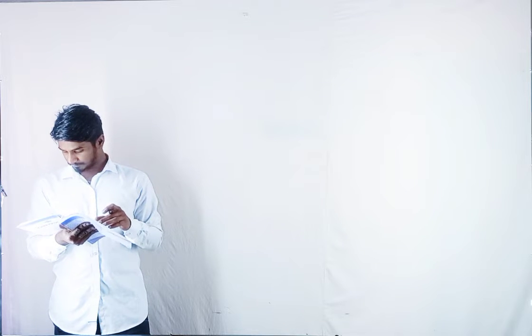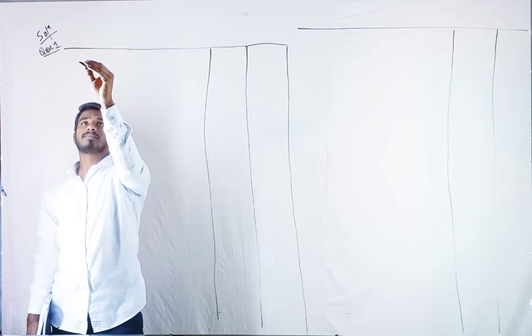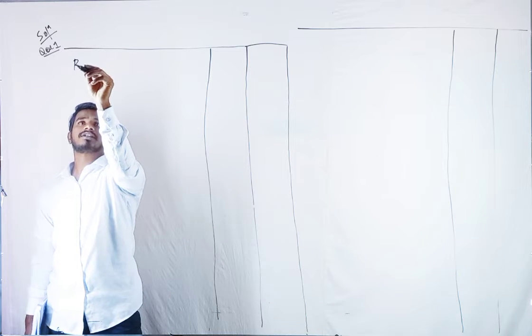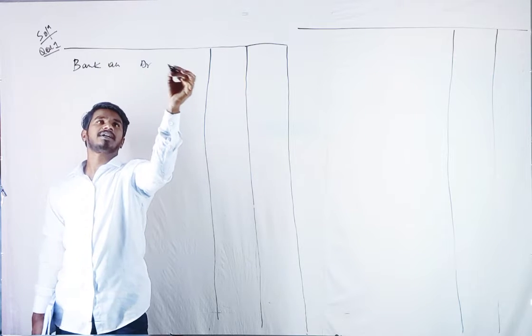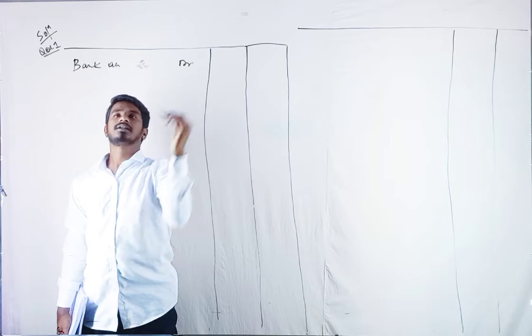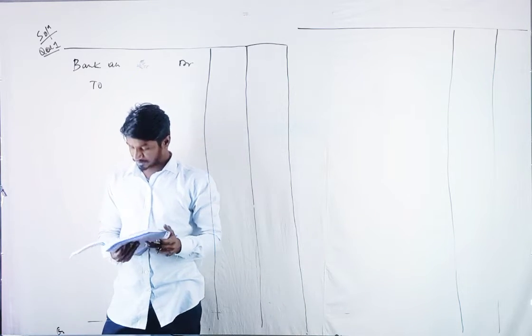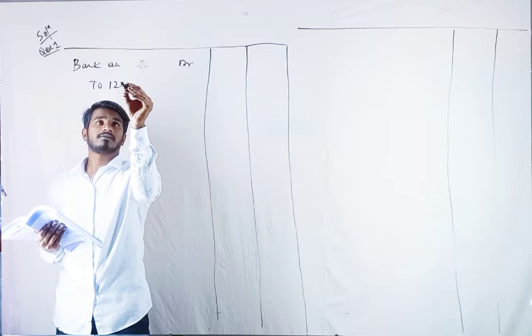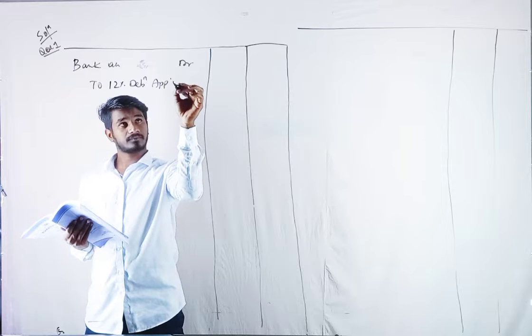Shall we start the solution? ABC Limited issued 10,000 debentures. What will be the first entry? On application, they should pay 30 rupees. The first entry will be for application: bank account debit to 12% debenture application account.